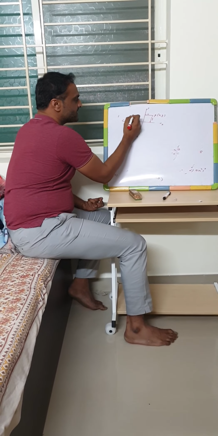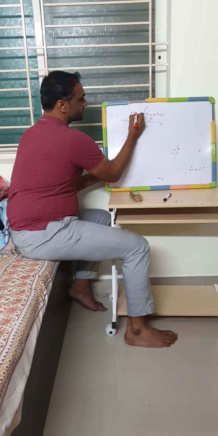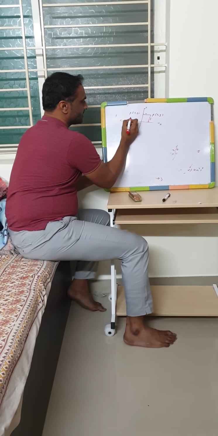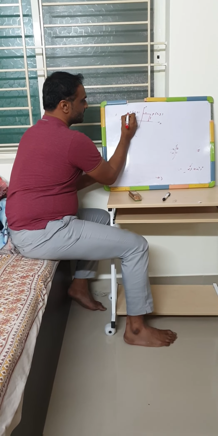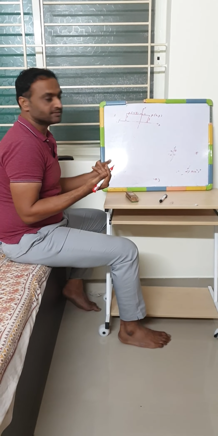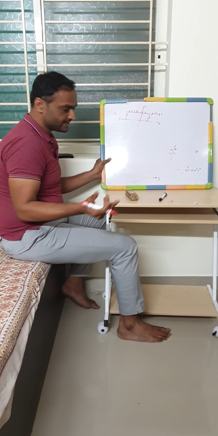So if the point is in the second quadrant, we have the representation as minus x comma y, since he has walked along the negative x axis, and this is your y, right? This is the first point I want you to recap: the basic definition of a coordinate in the xy plane, right?